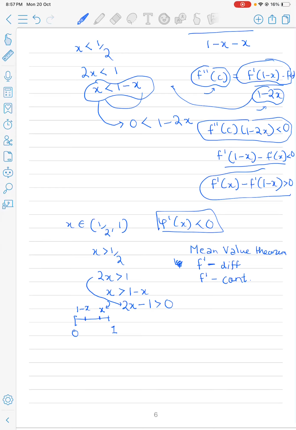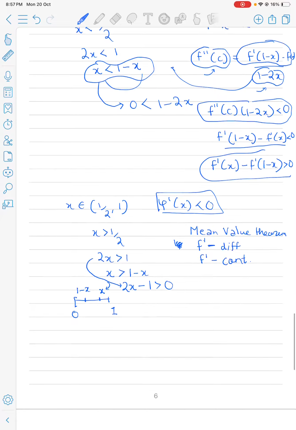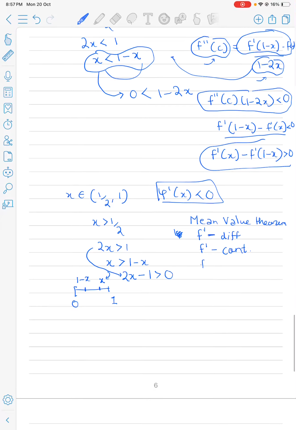Because differentiability implies continuous. I'm going to use it on the interval 1 minus x to 2x.